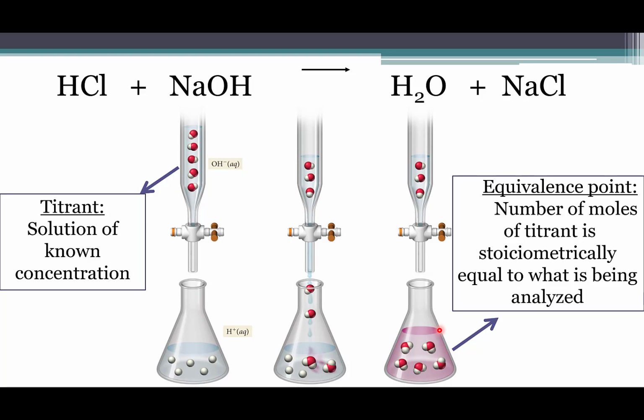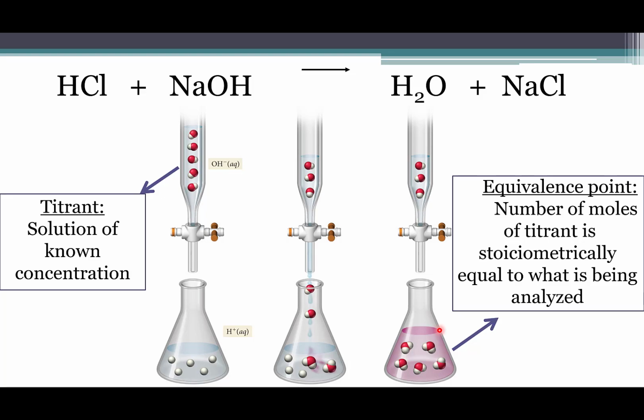In this case, the equivalence point is denoted with a color change. It could be monitored in some other fashion, but typically when these are first introduced, that color change is how we determine, boom, stop the reaction. Once we reach that equivalence point, that's going to be a very important place for us to understand. At the equivalence point, the number of moles of our known is stoichiometrically equal to our unknown, or what is being analyzed.